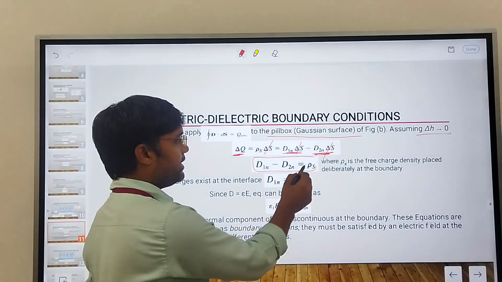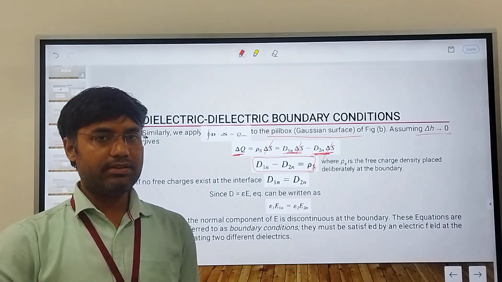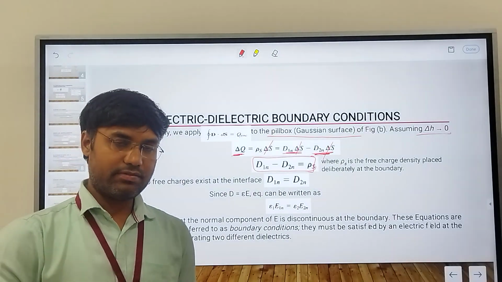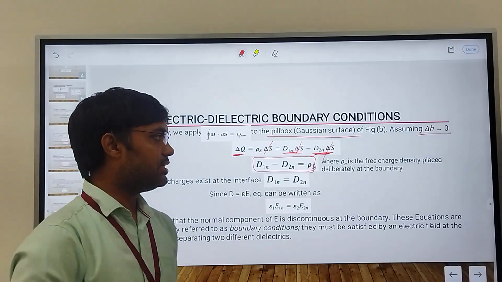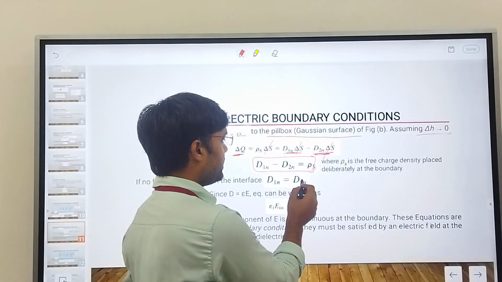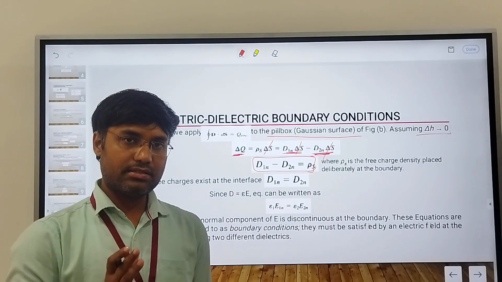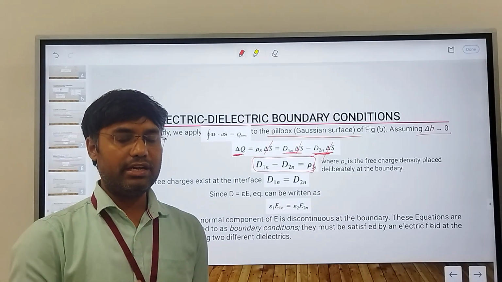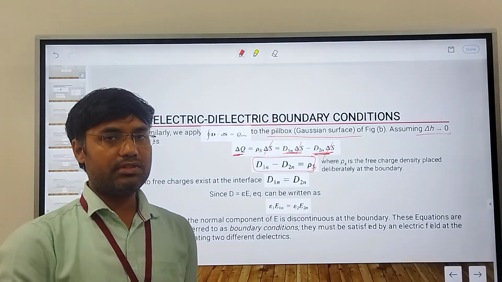So we can write here: the normal component of electric flux density D1 minus the normal component of electric flux density D2 is equal to the surface charge density. So this is also expressed as: if there is a surface charge density, then the normal component is not continuous across the boundary.